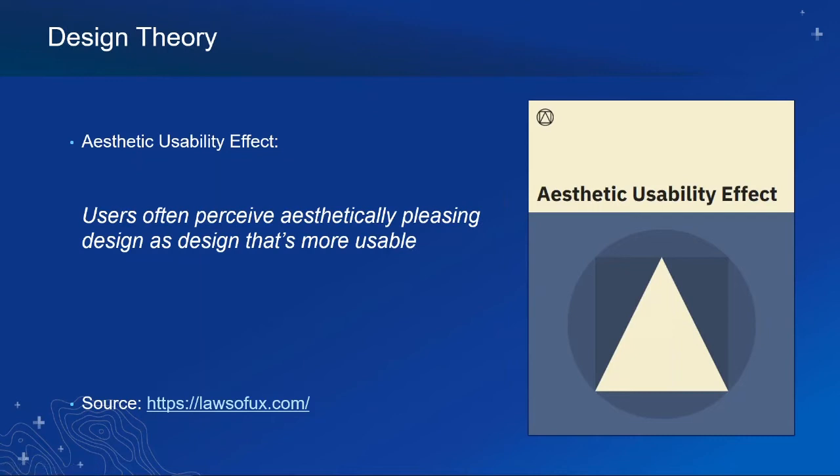So think about this design theory element as you have two identical dashboards showing the exact same information, but one is arranged nicely with colors that look visually pleasing, and one is kind of haphazard, with different colors and different charts in different orders. While they do essentially the same thing, the first dashboard, the one that is aesthetically pleasing, is going to be the one that's more usable.